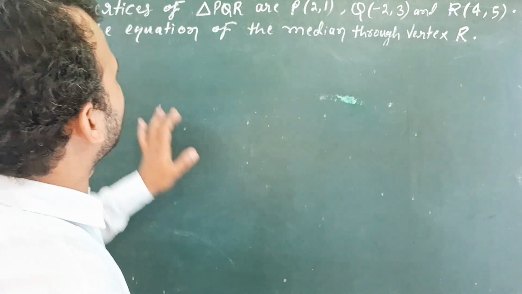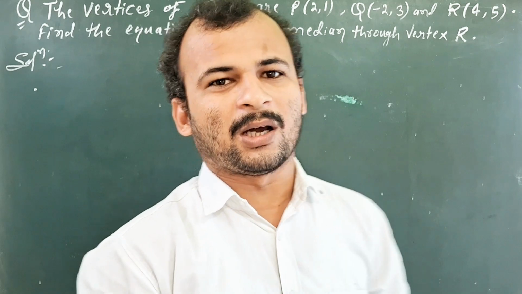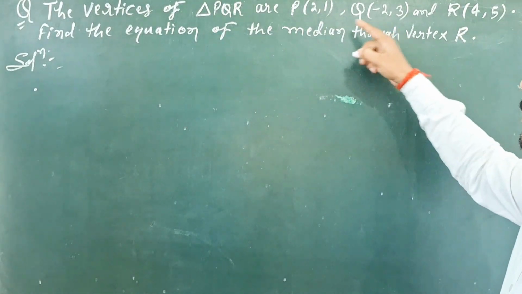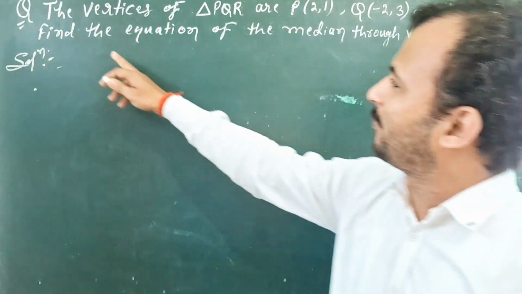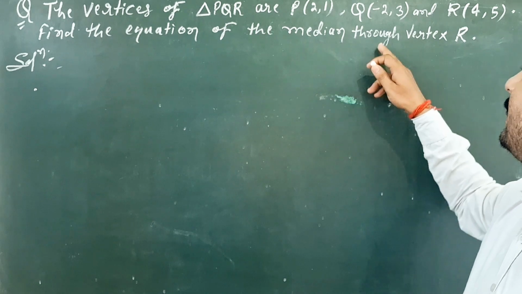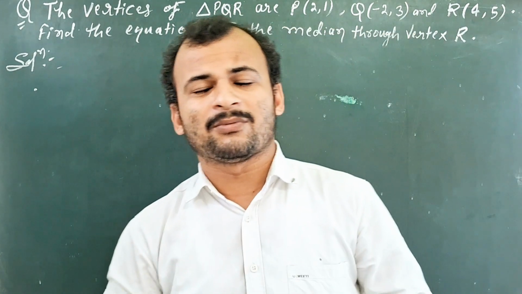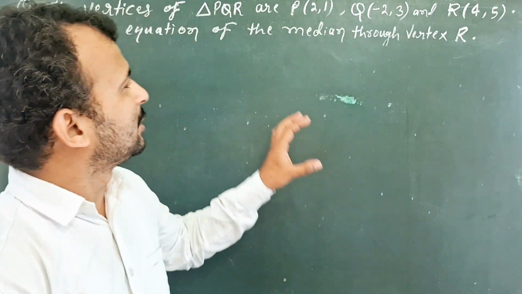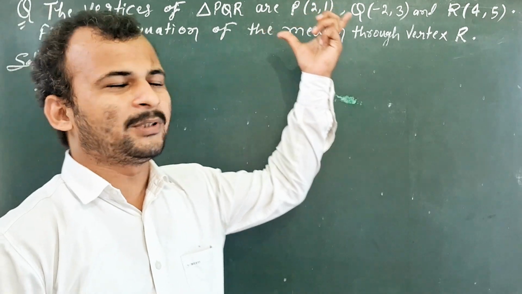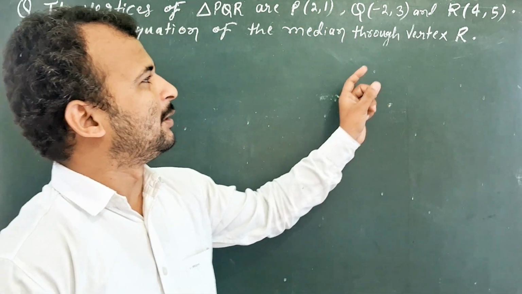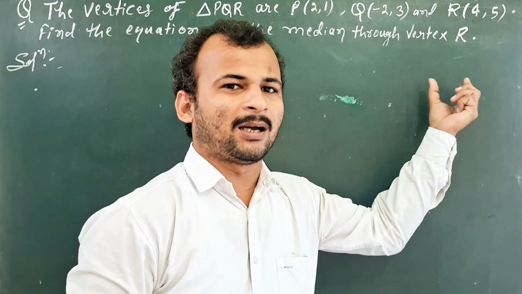Question is, the vertices of triangle PQR are given. Which coordinates are also given, and find the equation of the median through vertex R. Means we have to find the equation of a median of this triangle PQR and drawn from the vertex R, right?